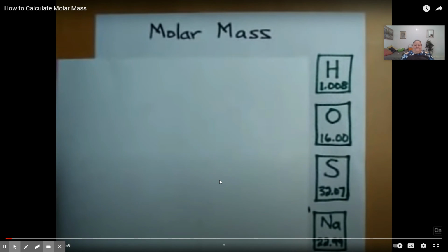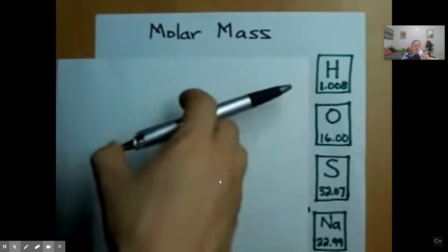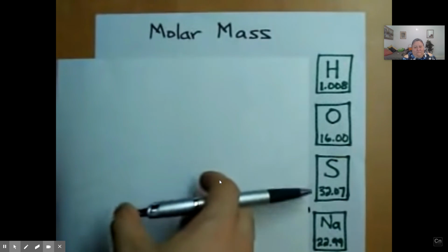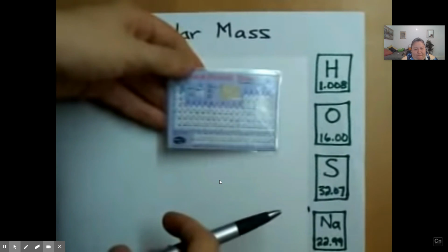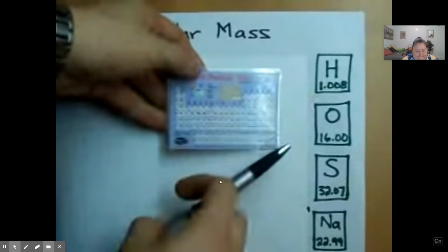How do we calculate the molar mass of something? That depends on whether we want to calculate for an element or a molecule. For our convenience, I've copied down some of the elements from the periodic table onto this sheet so that we can see what some of the numbers are.